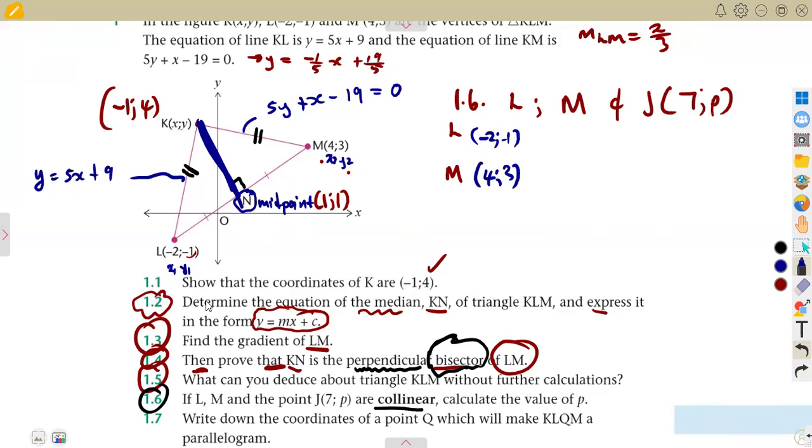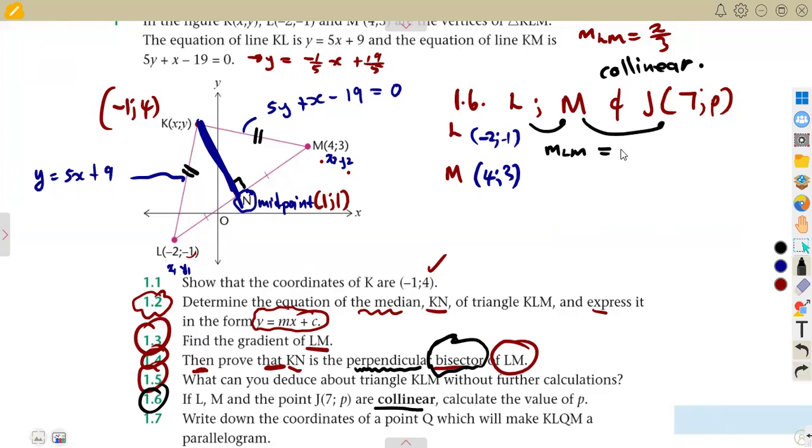So what can we check about the collinear concept if points are referred to as collinear? It means that they lie on the same line. They have the same gradient. If I consider any two points, the gradient of LM must be equal to the gradient of MJ.